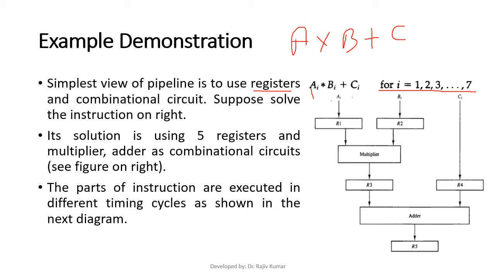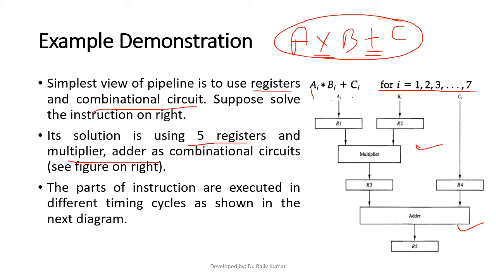And then where to process this? Multiplication and addition. For that we need combinatorial circuits, which are the multiplier and adder as shown in the right side diagram. So if we want to solve this particular expression in a loop, we need 5 registers as shown and 2 combinatorial circuits, a multiplier and an adder.